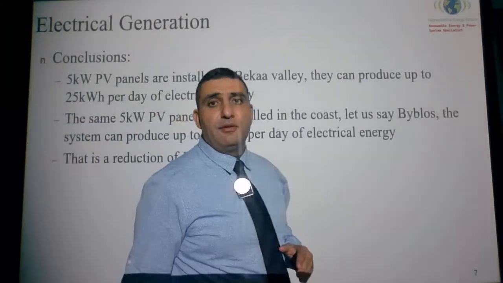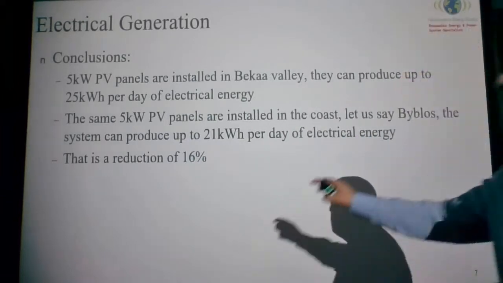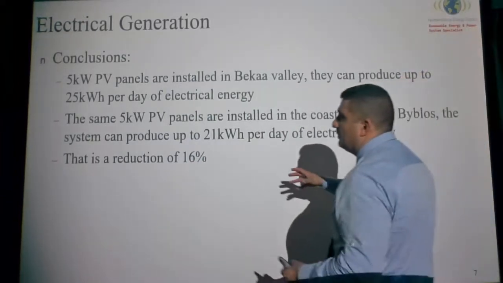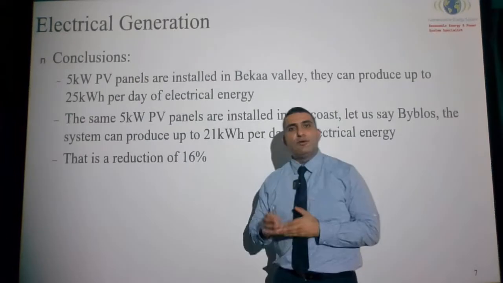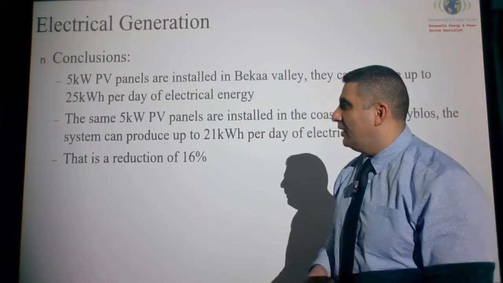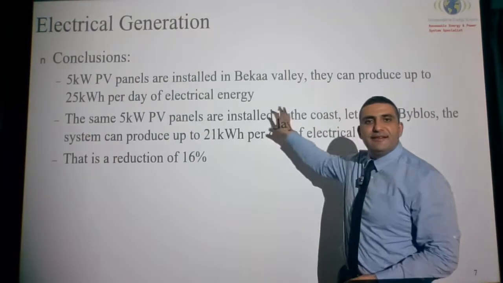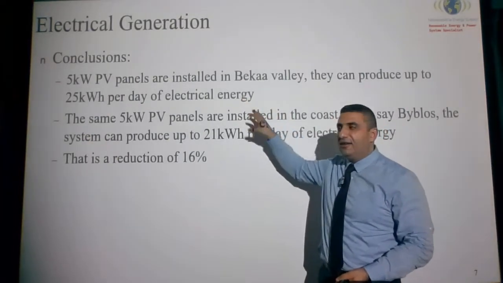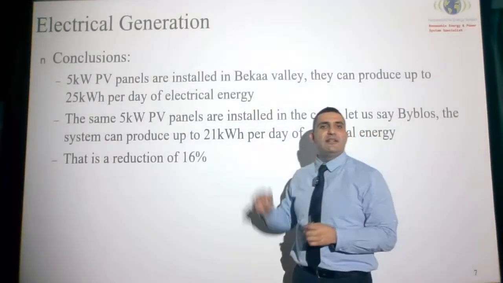This reduction of 16% must be considered. You will see later on in another slide, we will talk about what you should consider when you have energy storage and daily consumption.